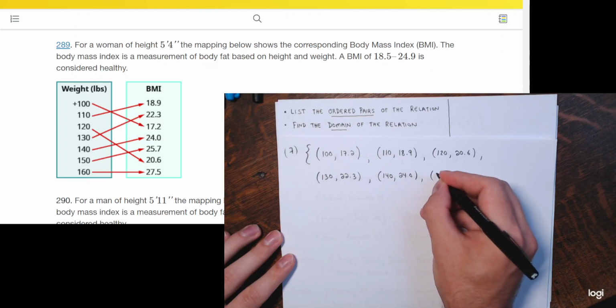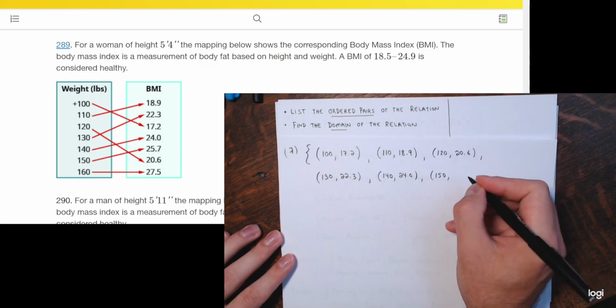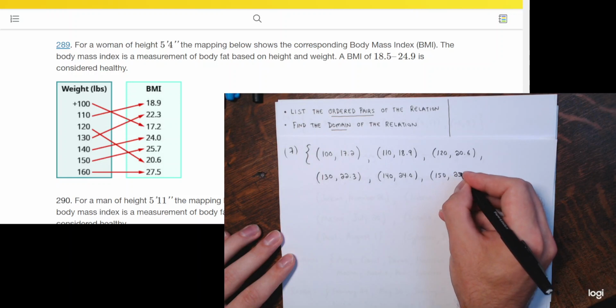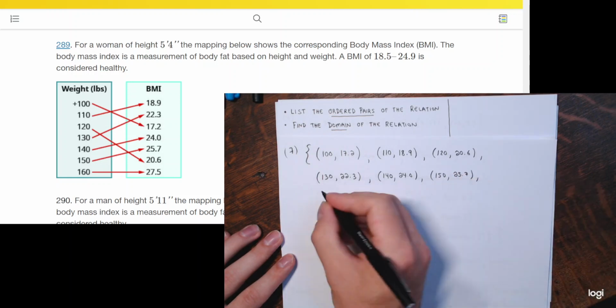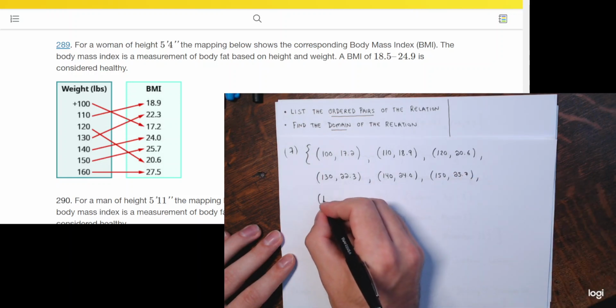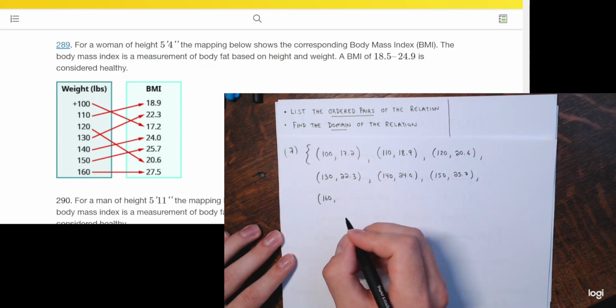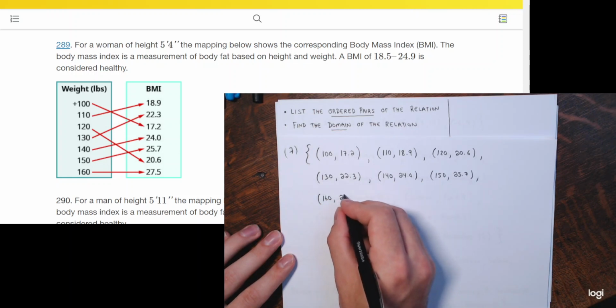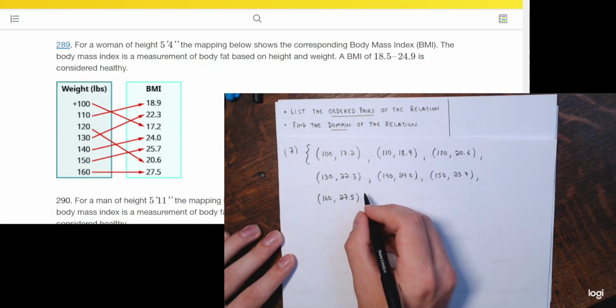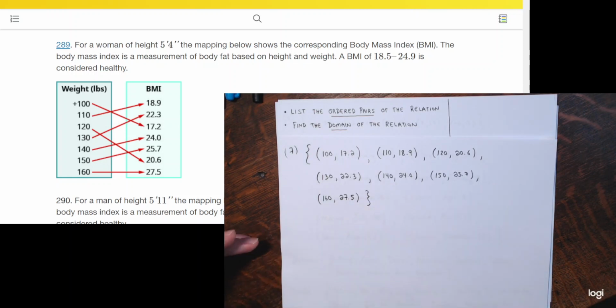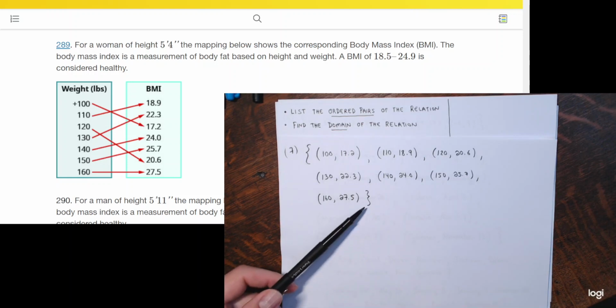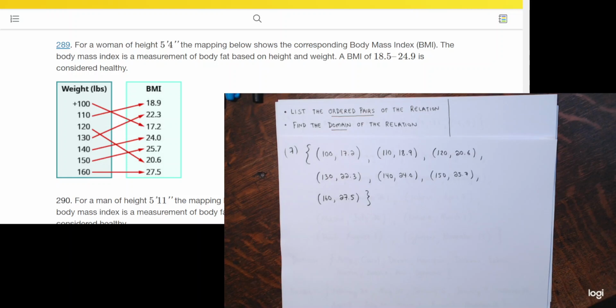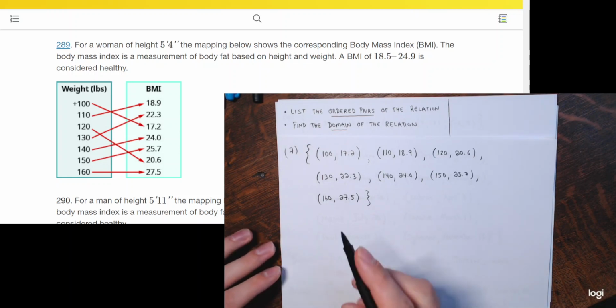A 150 pound 5'4" woman would have a BMI of 25.7. And finally, a 160 pound woman that's 5'4" would have a BMI of 27.5. And that's all 7 ordered pairs. Those are all 7 arrows I'm seeing in this diagram. So I'll close the braces, and there's the relation, represented as a set of ordered pairs. Okay. Pretty simple, just like the previous 2 examples.